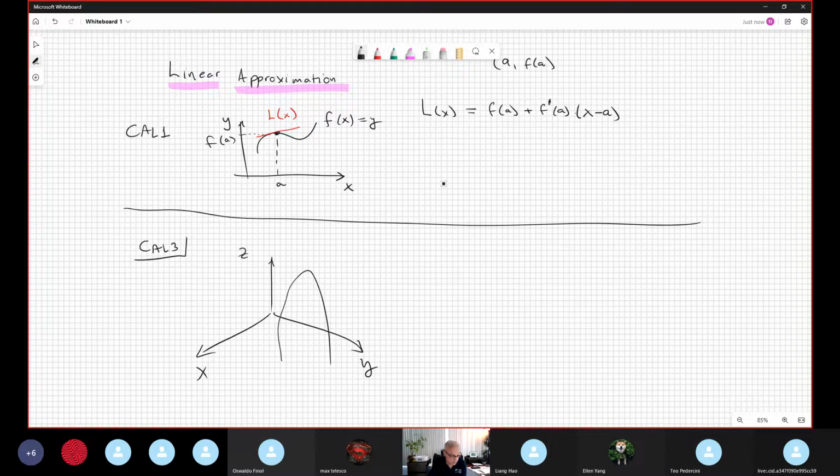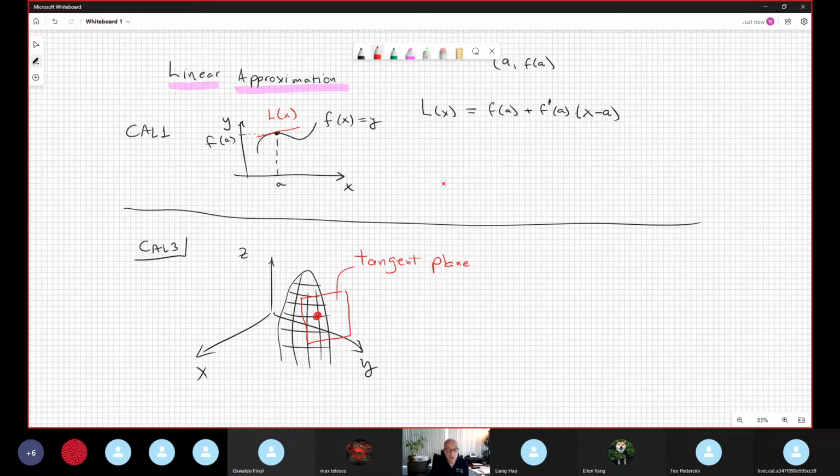Let me try to do my best, I'm not good at drawing. A surface and one specific point, let's say the peak, where I want to make a linear approximation. But the linear approximation is a tangent plane.